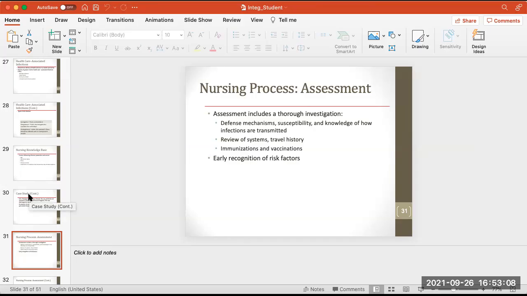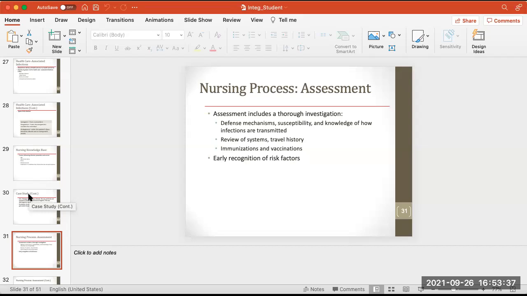It gives you a clue and an idea, when you go into the clinical, of what instruments or ideas you can use to assess a patient for different risk factors. For example, here we're talking about infection. Earlier we talked about the integumentary system.